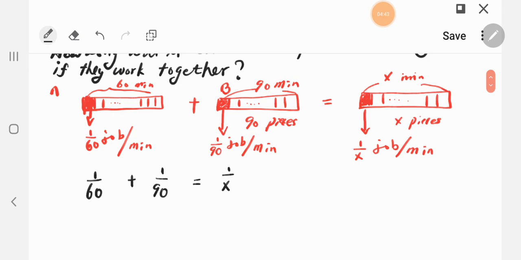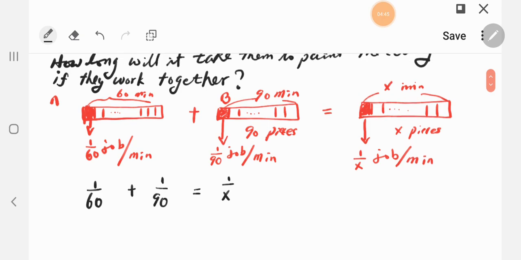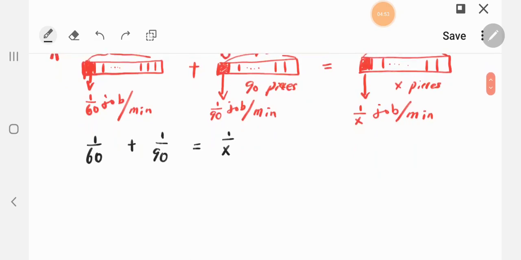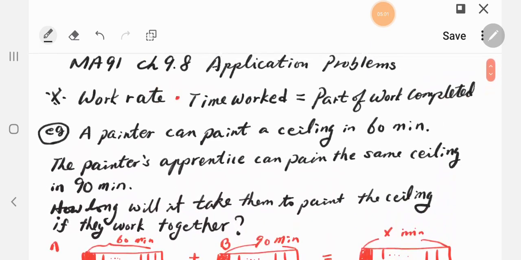From this, what we want to find is X, how long it takes. Using this equation, we can find X. Or we can make another equation from this: the work rate times the time worked will be the part of the work completed.